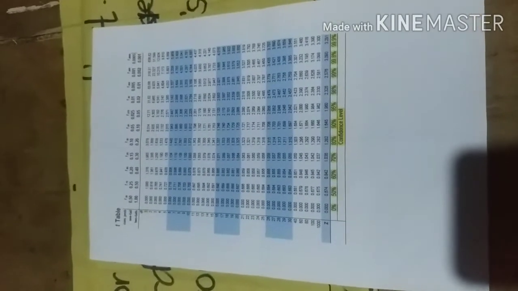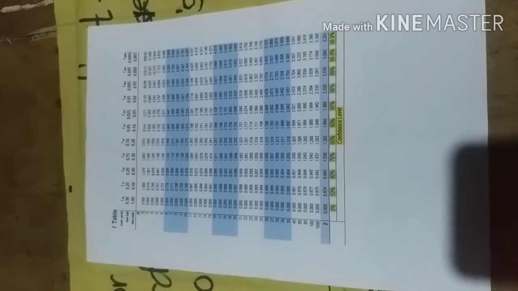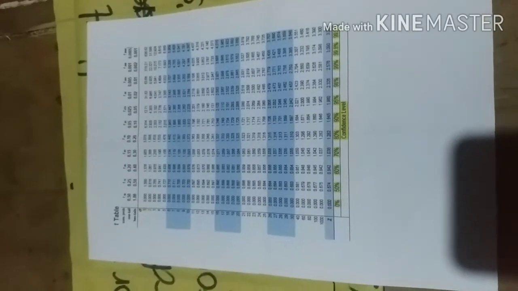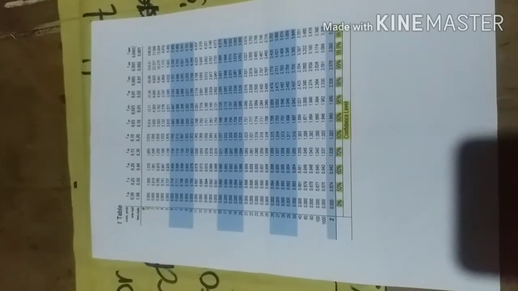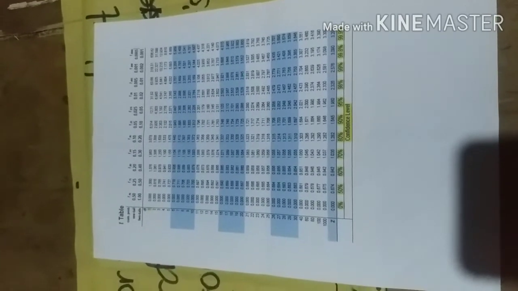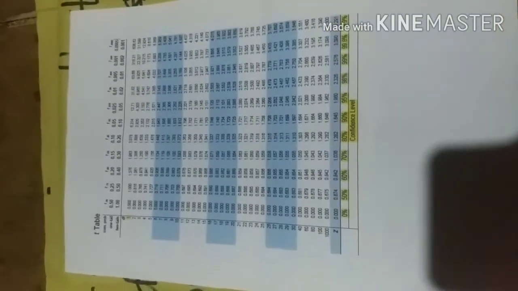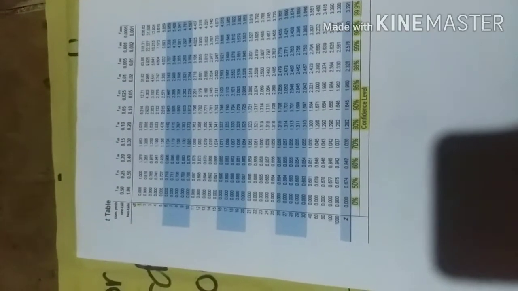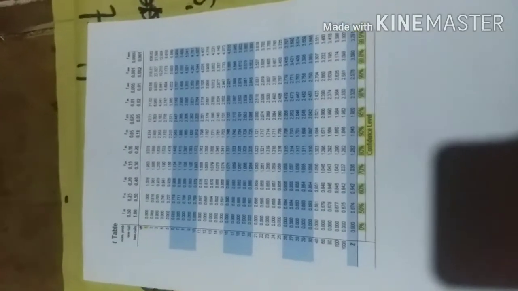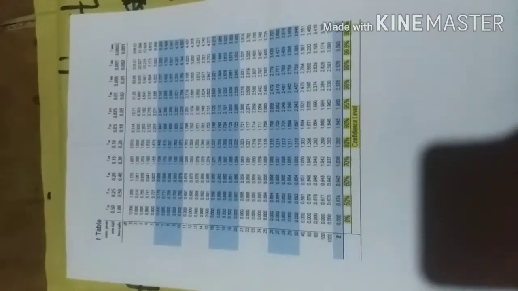Fourth, the exact shape of the student T distribution depends on the degrees of freedom. As the degrees of freedom increase, the graph of the student T distribution becomes more like the graph of the standard normal distribution. So, kapag yung exact shape na daw na sinasabi dito is yung student T distribution ay nagde-depend sa degrees of freedom, which is mamaya ipapakita ko sa inyo kung paano makuha yung degrees of freedom na sinasabi niya.